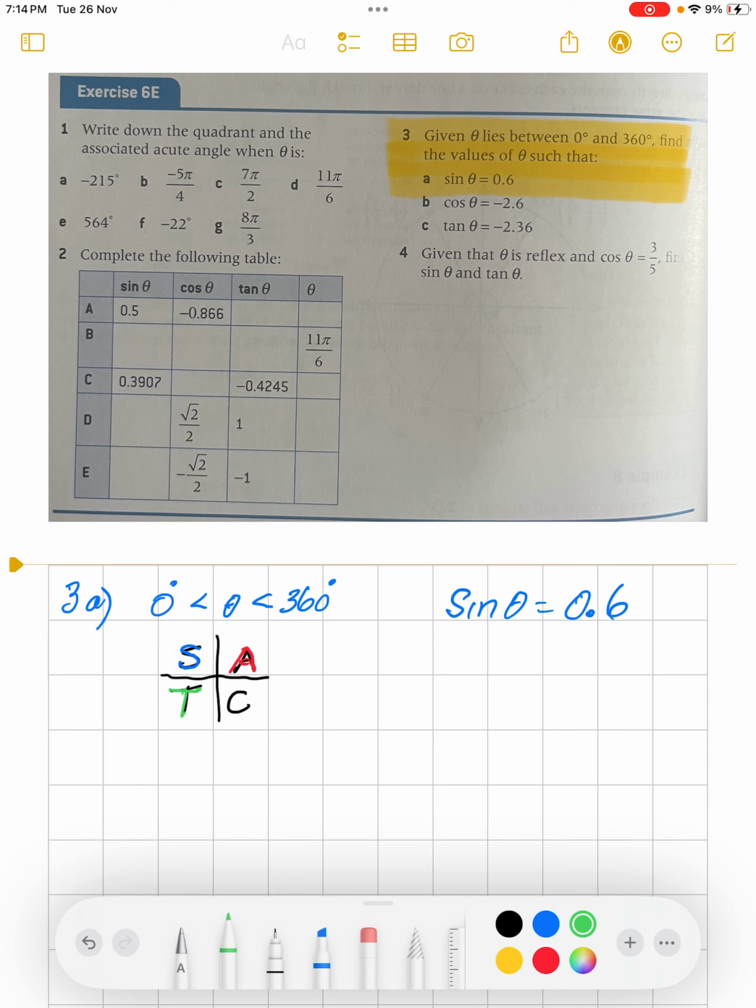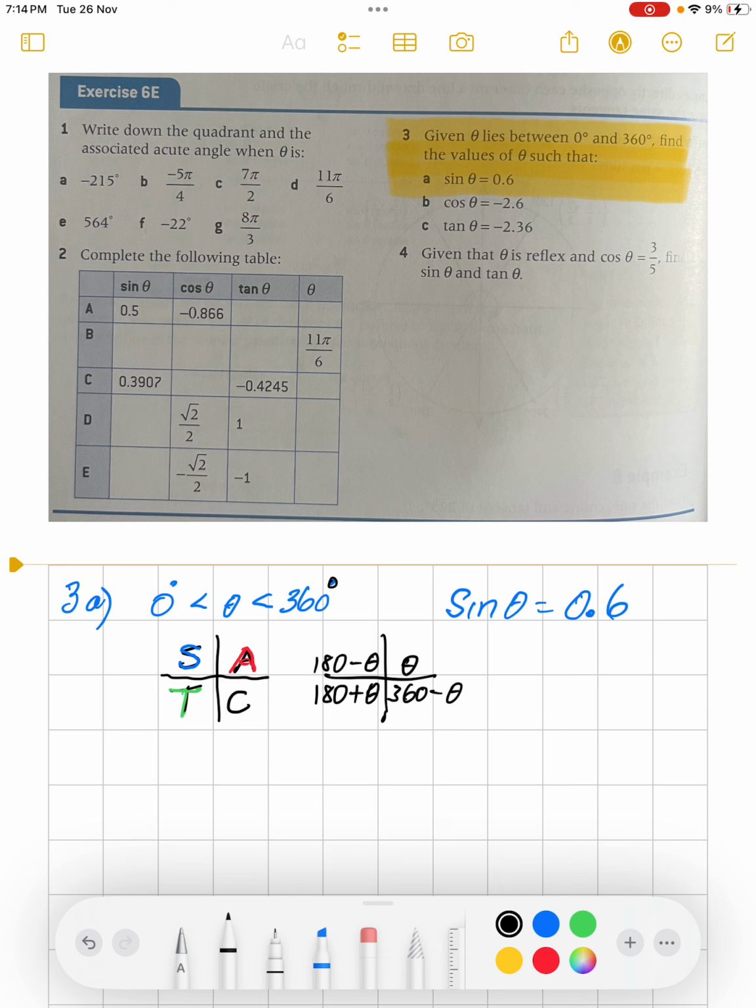Tan is positive in the third quadrant, and cos is positive in the fourth quadrant. I then like the tool that says, we're dealing with degrees, so I'll stick with degrees here: 180 minus theta in the second quadrant, 180 plus theta in the third quadrant, 360 minus theta in the fourth quadrant. And they're all positives.